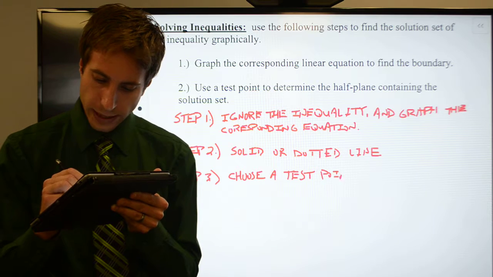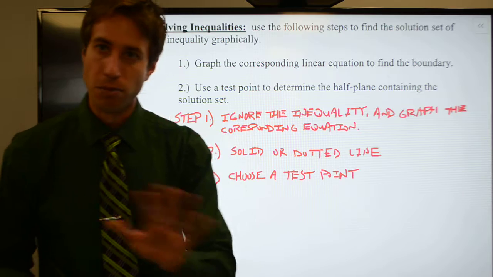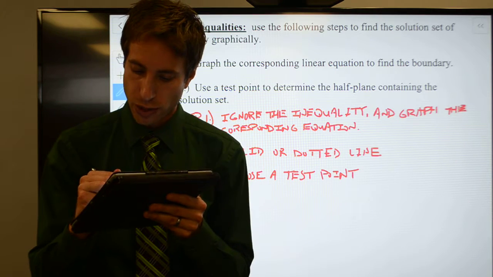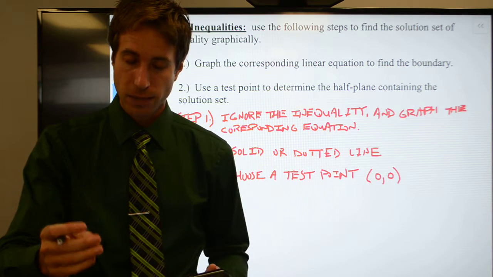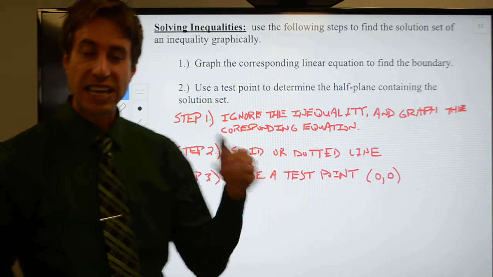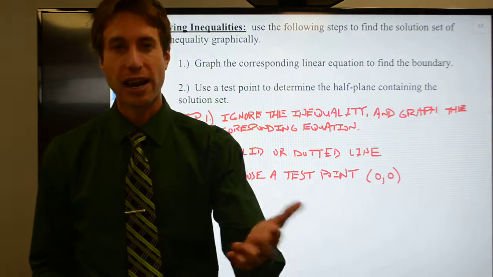Now, what are you generally going to use for your test point? Most of the time, in fact every single time, you should use the point (0, 0), except when the line you graphed goes through (0, 0), in which case you have to pick something else.